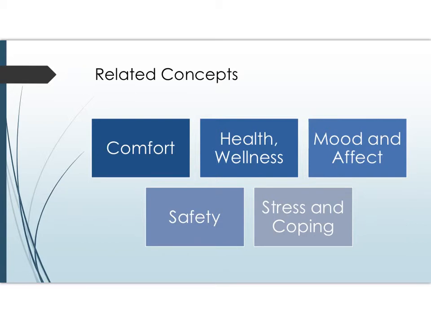When we look at health, wellness, illness, and injury, a good thing is increased physical activity, which increases muscle mass, strength, and bone density. So encourage physical activity. Mood and affect.